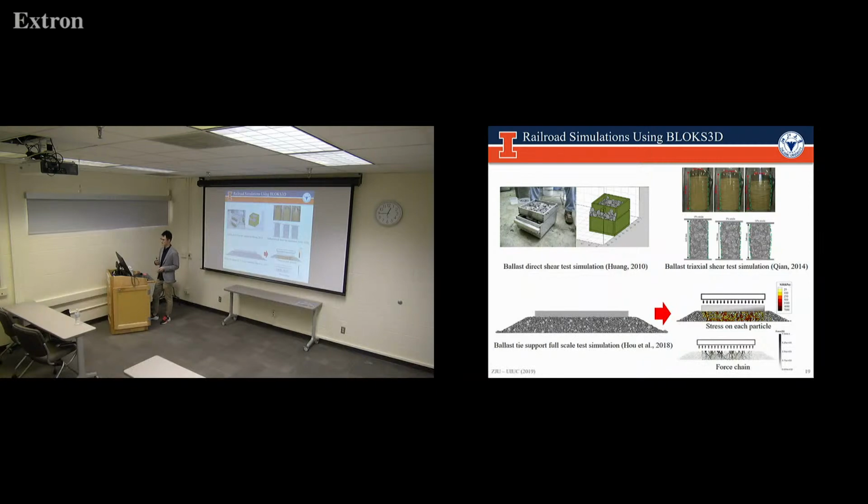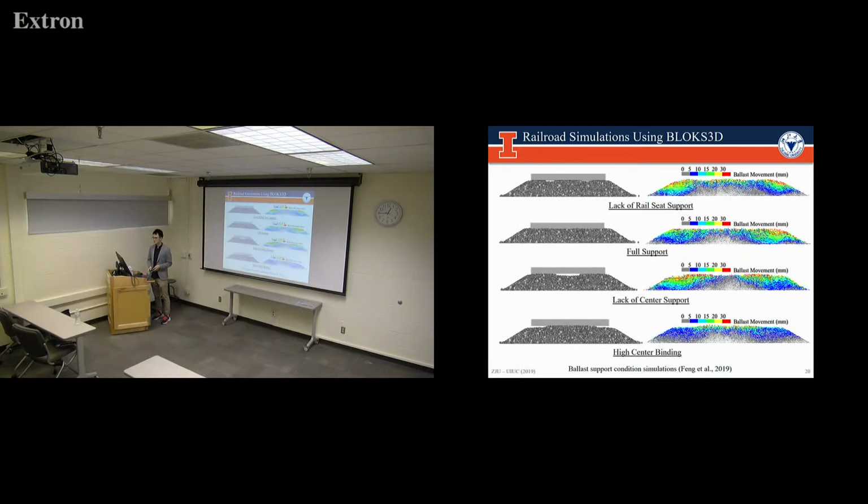Then in 2018, she ran full scale DEM simulations on ballast under different support conditions, and was able to visualize the stress in the ballast and the force chains in the ballast layer. Recently, we have also been using DEM Block 3D to analyze different support conditions and how they influence the particle movements as well as the force propagation in the ballast layer.